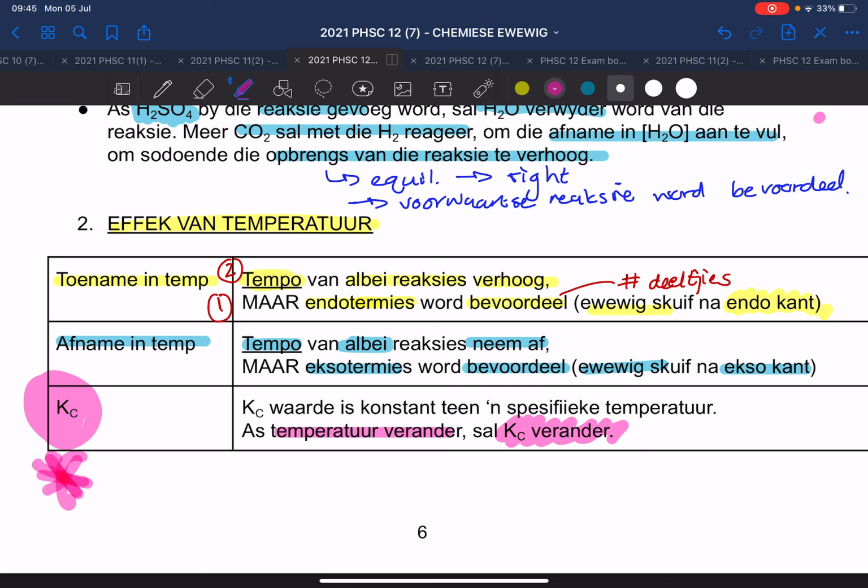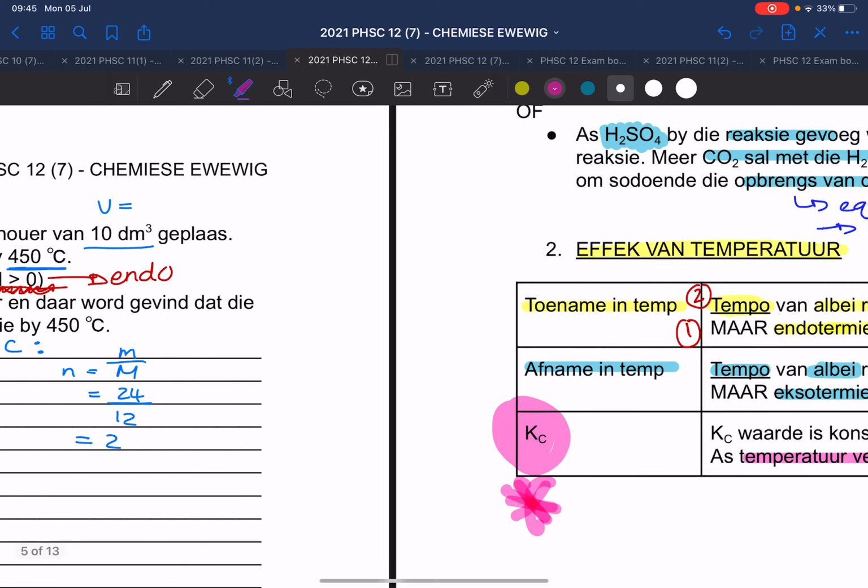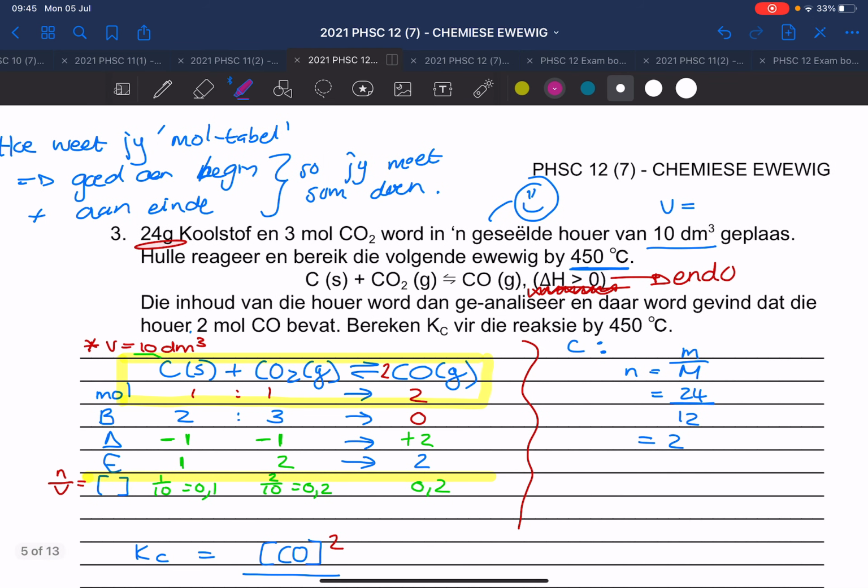That is why when we do Kc expressions, wanneer jy Kc uitdrukkings bereken, dan gaan hulle vir jou dit gee by 'n spesifieke temperatuur. So if you look at the previous examples, you'll see here it says equilibrium is reached at 450 degrees Celsius.